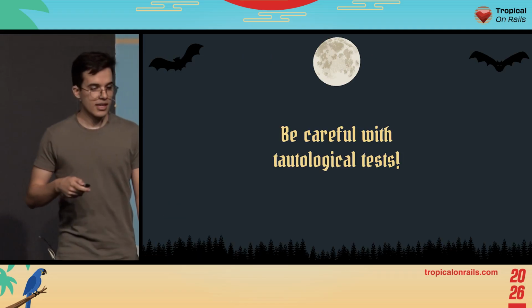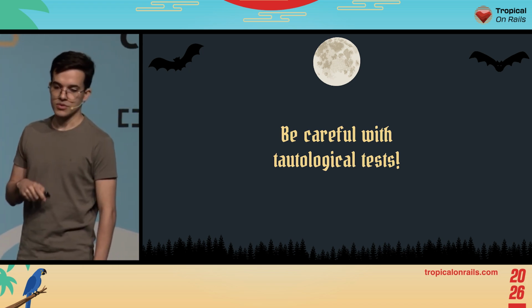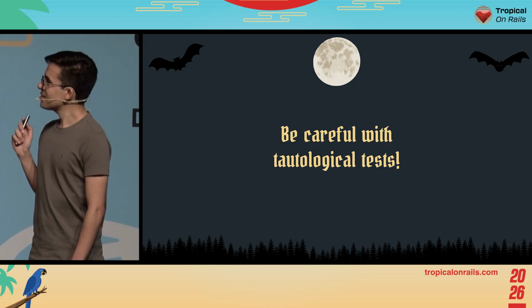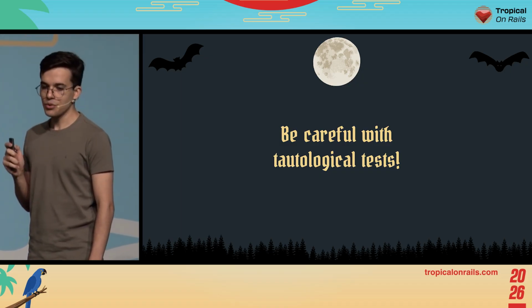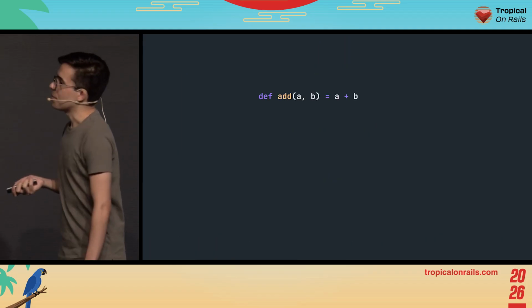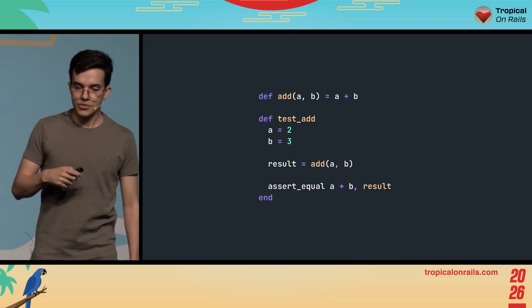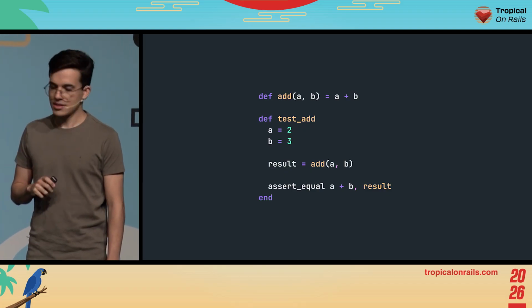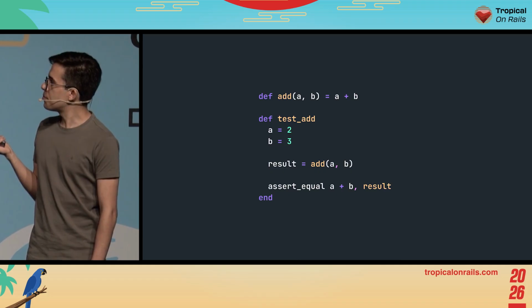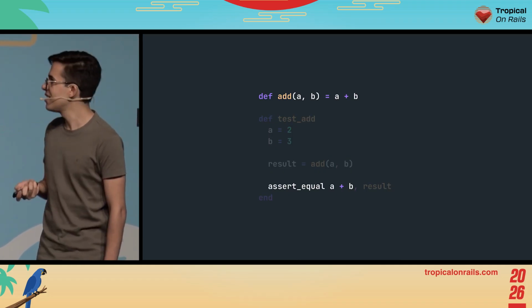And here, like I said, we are building a test, but we have to be careful with tautological tests. A tautological test is something that is true by definition, not because it's proving something. For example, consider this method to sum two numbers. We could write a test for it that is tautological like this. And it's tautological because the assertion uses the same code as the implementation.